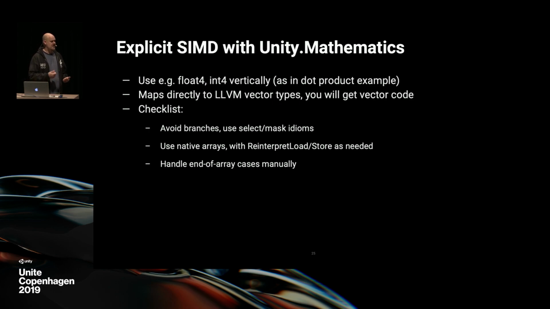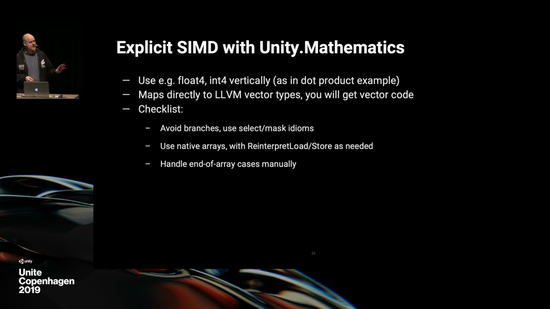So the checklist here is a little smaller, right? You have to be familiar with a couple of idioms, like, well, how do I simulate a branch if I have more than one thing going on? Well, you have to use selects and masks, right? If you use native arrays, which you should, from 19.3 you can use reinterpret loads and stores. And these allow you to keep the interface to the job the same.